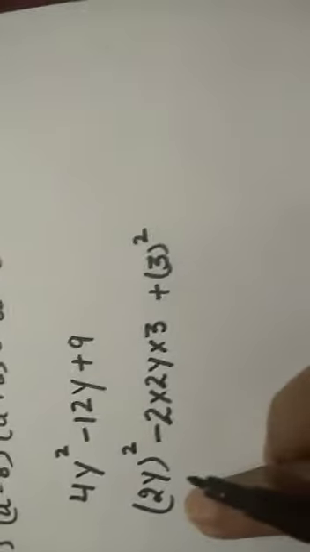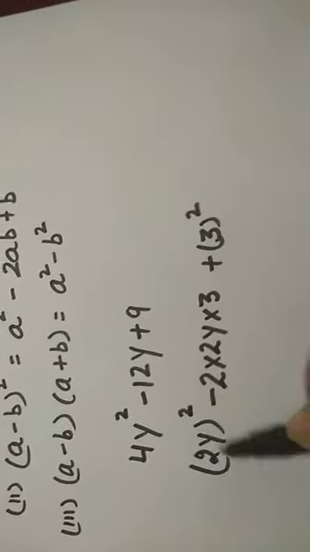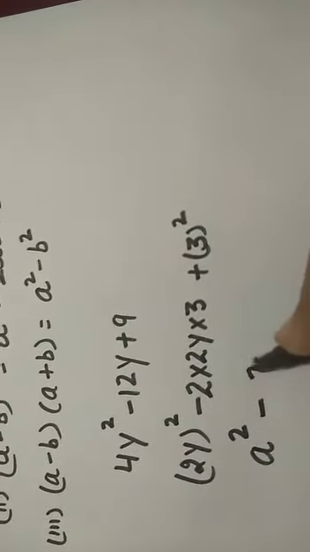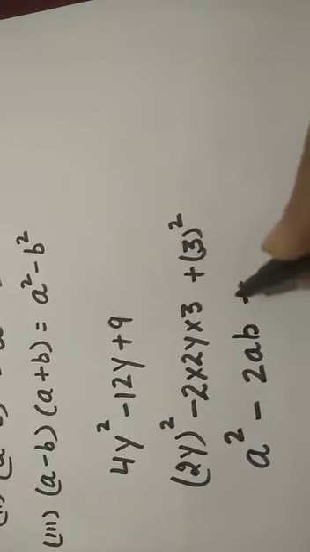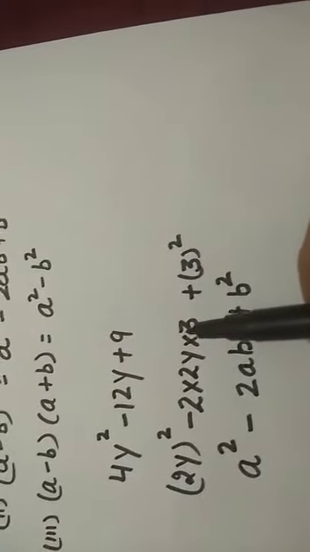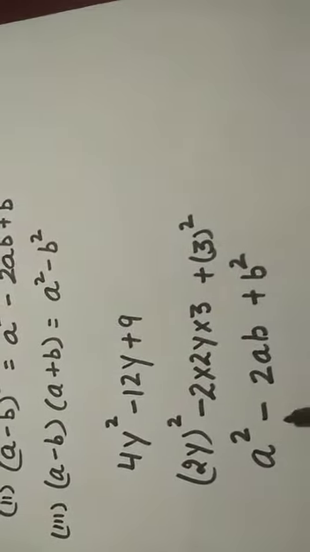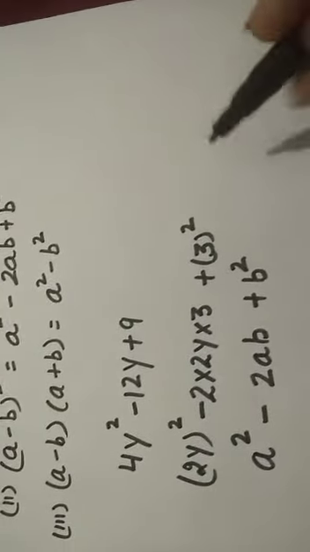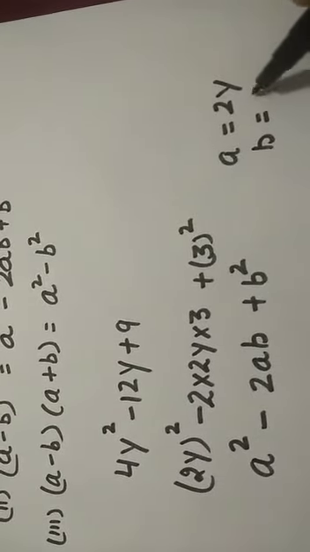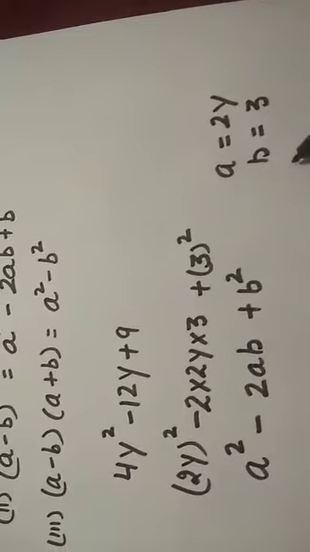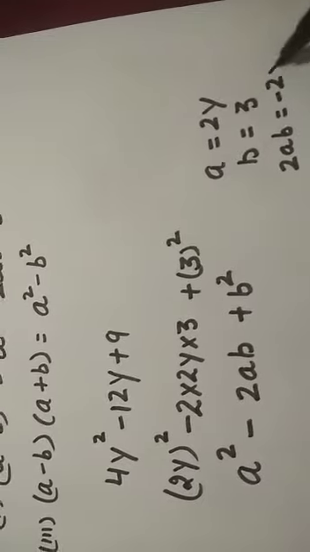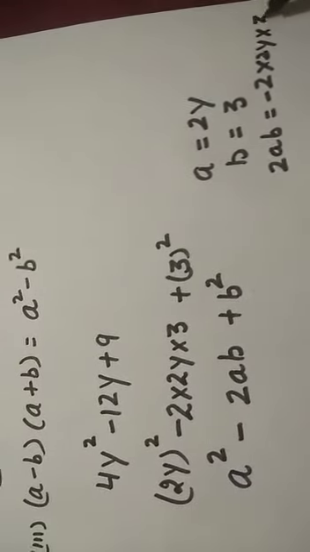Now just check. This is a square, minus 2ab, and this is b square. Means here the expression is in the form of a square minus 2ab plus b square, where a is equal to 2y and b is equal to 3, and 2ab is minus 2 into 2y into 3.